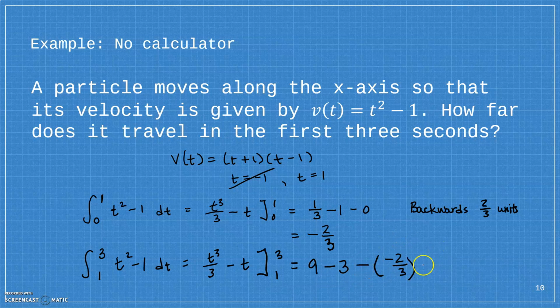So that'd be 6 and 2/3. So the particle moves forward 6 and 2/3 units. So the total distance traveled would be 7 1/3 total distance.